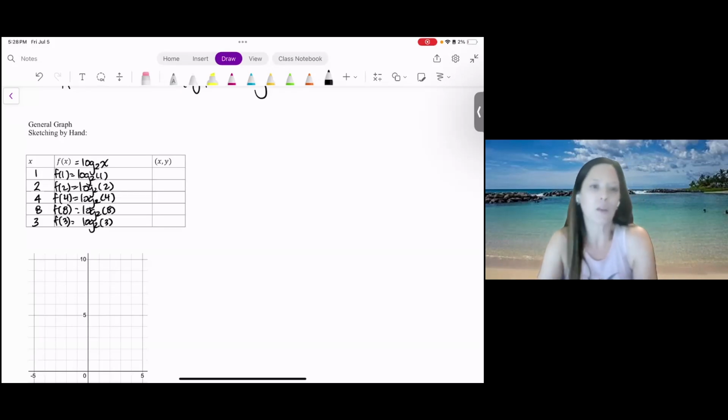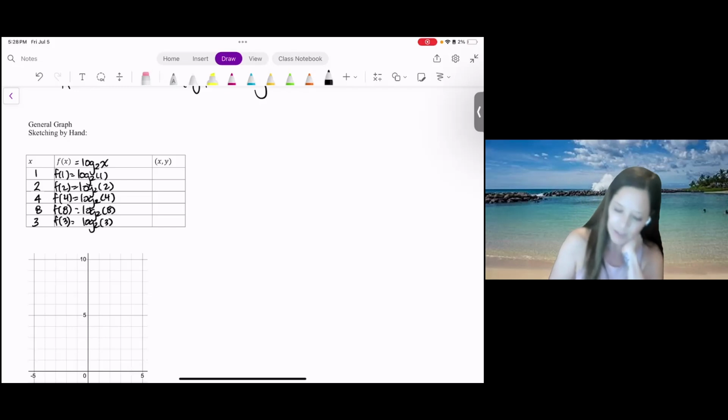Again, I don't really know what those are off the top of my head, but I could rewrite them in exponential form to say 2 to the y is equal to 1, 2 to the y is equal to 2, 2 to the y is equal to 4, 2 to the y is equal to 8, and 2 to the y is equal to 3.